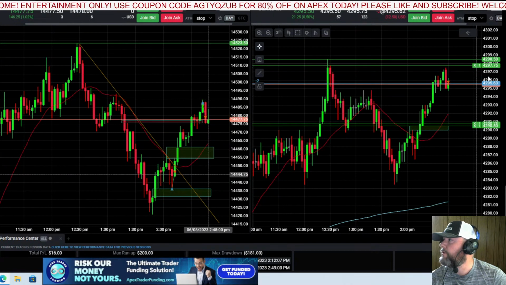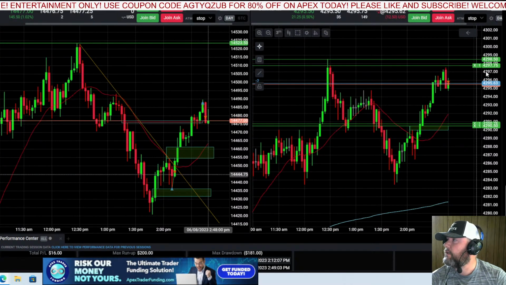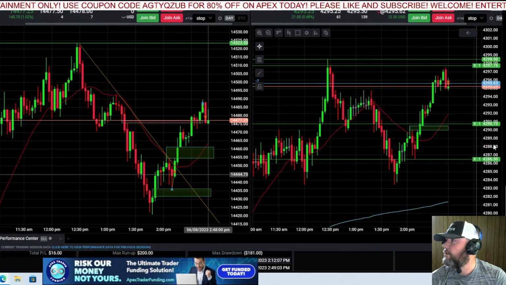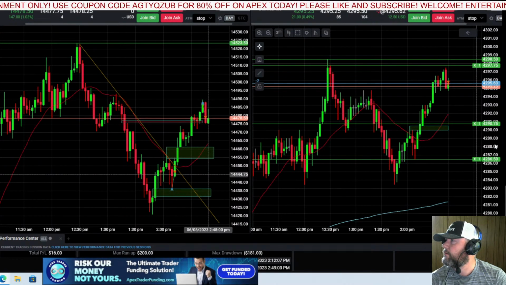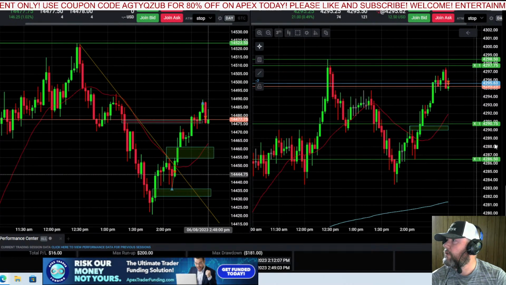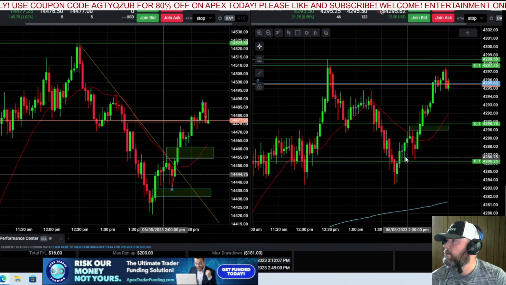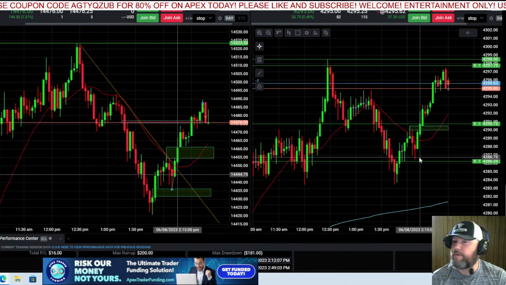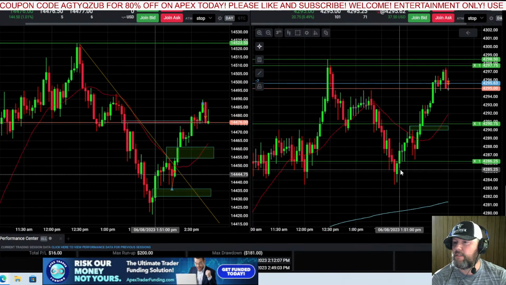This is a pretty low risk short, risking $200 basically for a potential $750 trade. So we're going to lock one in at 5 handles, and then we'll let the second one run for this swing low. This will be my first ES trade of the day, so let's see how this works out.